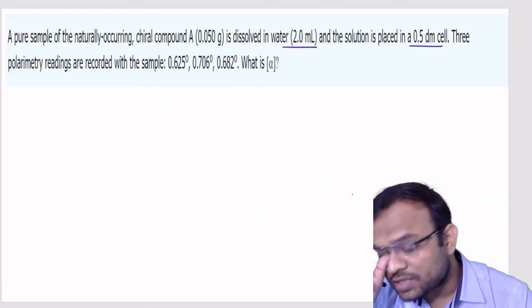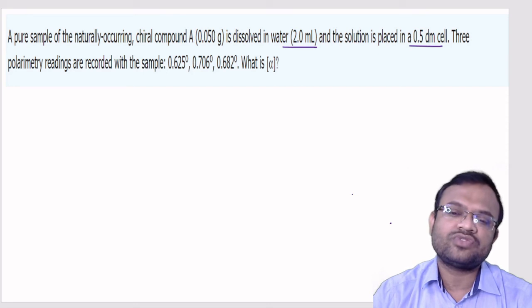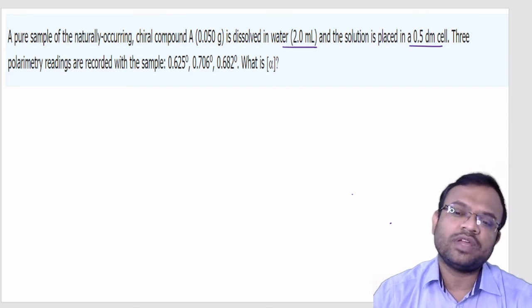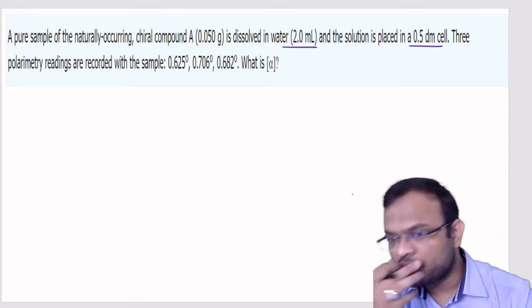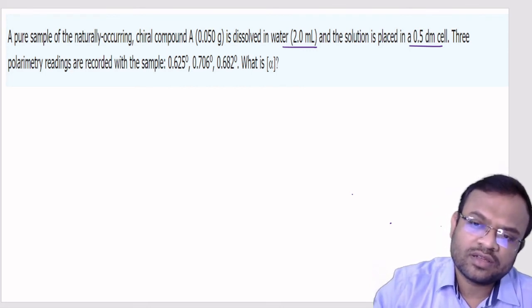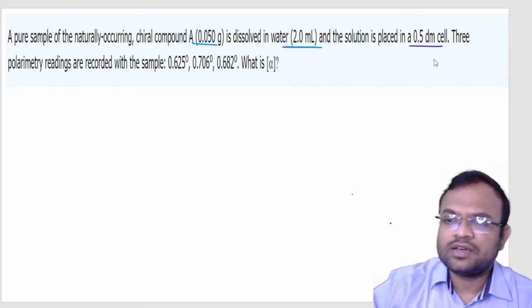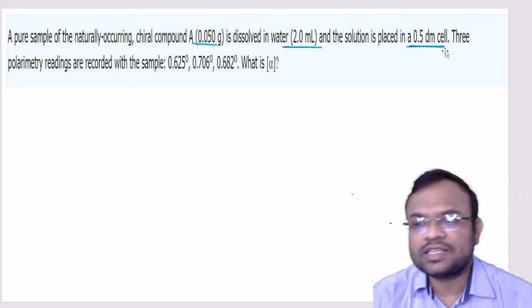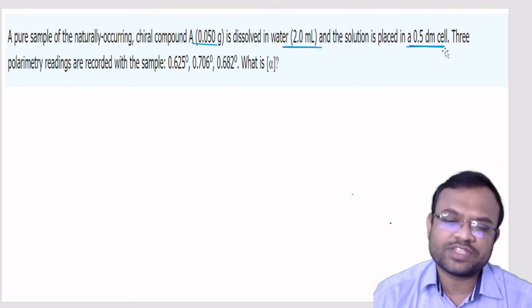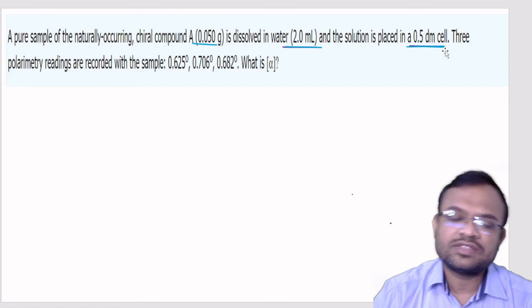Let us talk about another question. The question says a pure sample of naturally occurring chiral compound A, 0.50 gram, is dissolved in water. So this is the concentration of the compound that has been given, and the path length has been given as 0.5 decimeter. Plus there are 3 polarimeter readings that have been recorded.